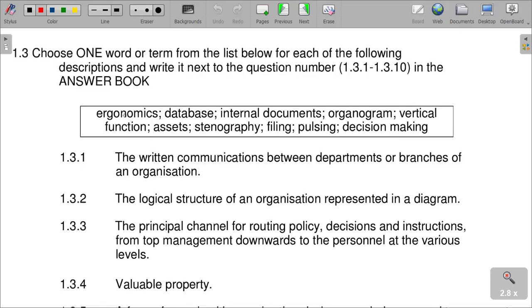What is that? Can we say database? Can we say it's assets? Can we say that it's a stenography? Is it pausing, decision making, organogram, written communication between departments of an organization?